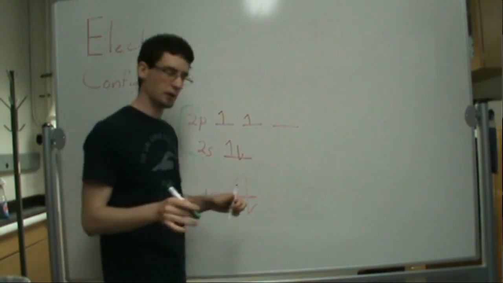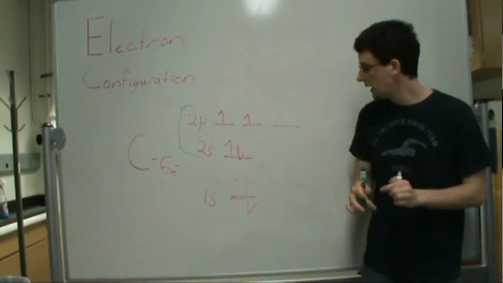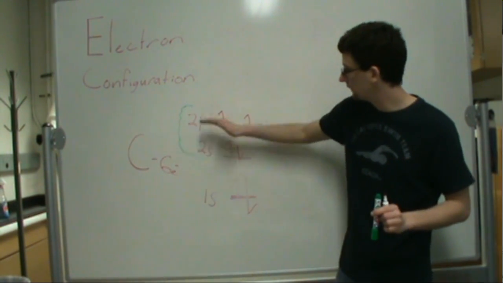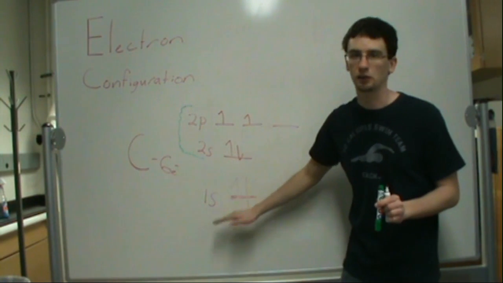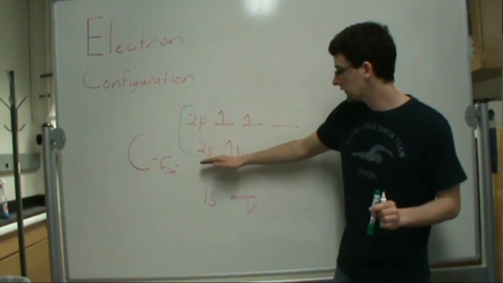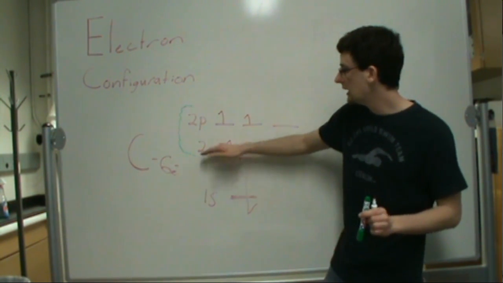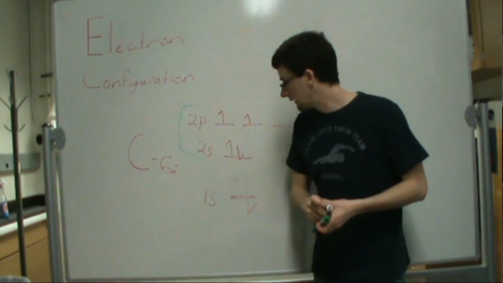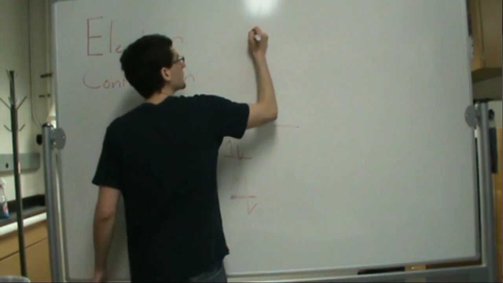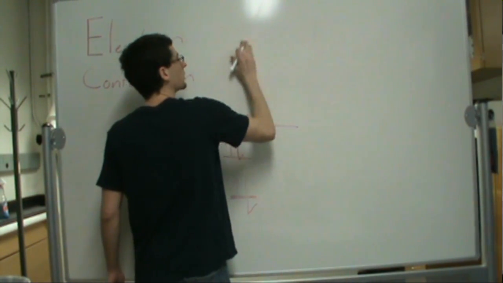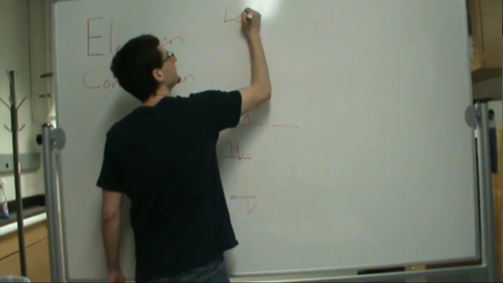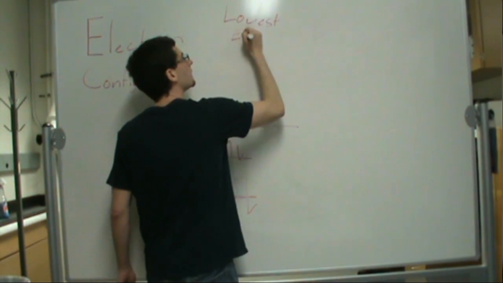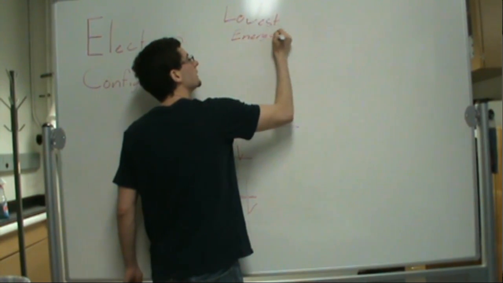Now, another thing that is very important to note is the energy of each of the shells. Notice how the 1s is the lowest in energy, and then as we move to the 2s, it's a little bit higher in energy, and the 2p is even higher in energy. So there's an energy ordering, and we'll go from lowest energy to highest energy.